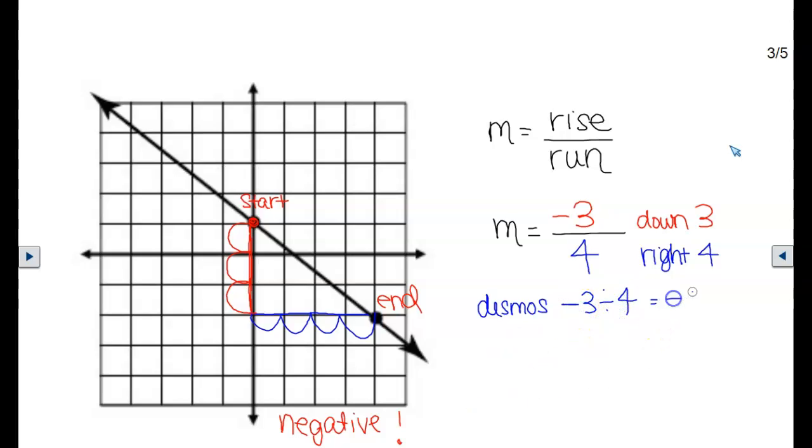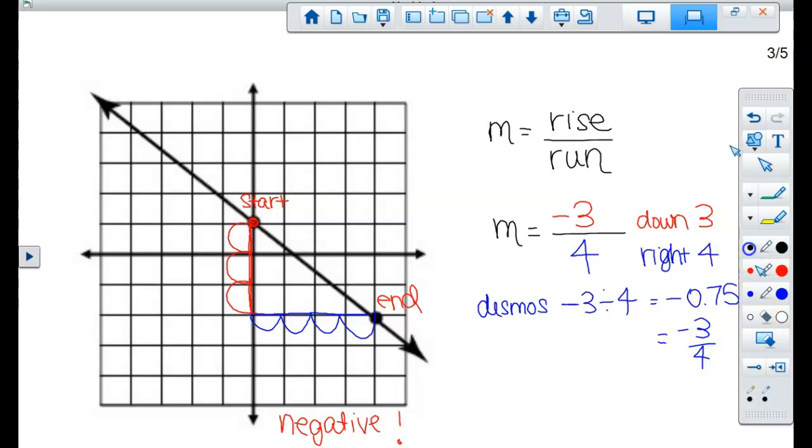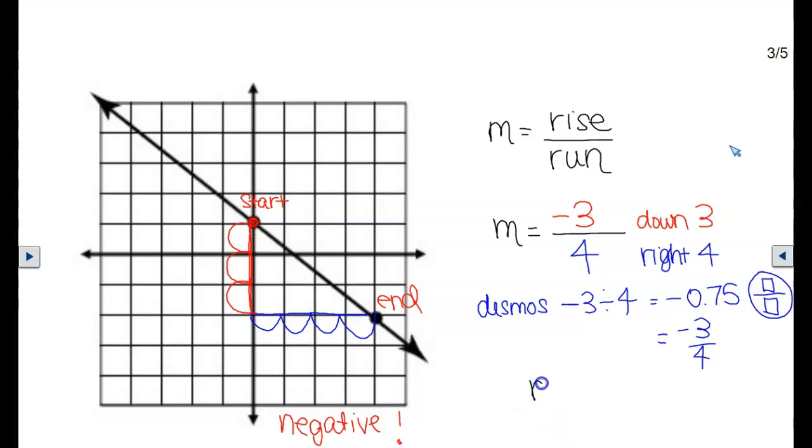When you do that, you're going to get negative 0.75. Remember, we want a fraction. So when that happens, remember on your Desmos calculator, you've got that little circle that has that fraction inside of it. So you'll press that to get the decimal to change back into a fraction, and notice that it goes right back to negative 3/4, which means that that slope won't reduce.